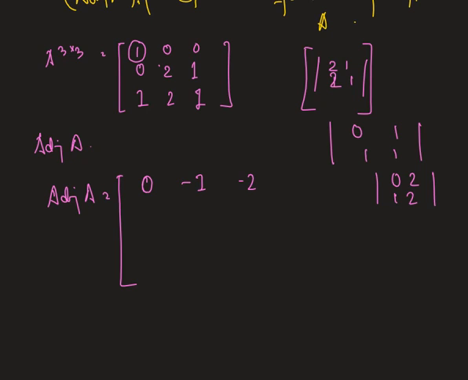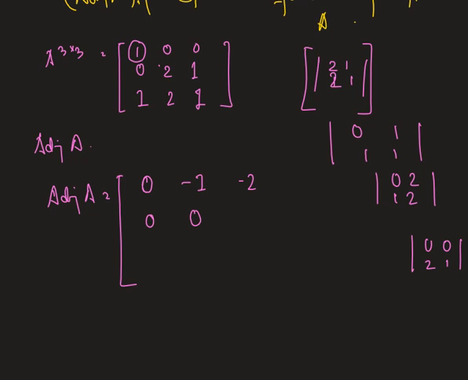Now for the value 0 in the second row, we get a cofactor, that is 0 0 2 1, and it is going to be 0. Now for the second element in the second row, that is the 2, the cofactor will be 1 0 1 1, and it is going to be 0.